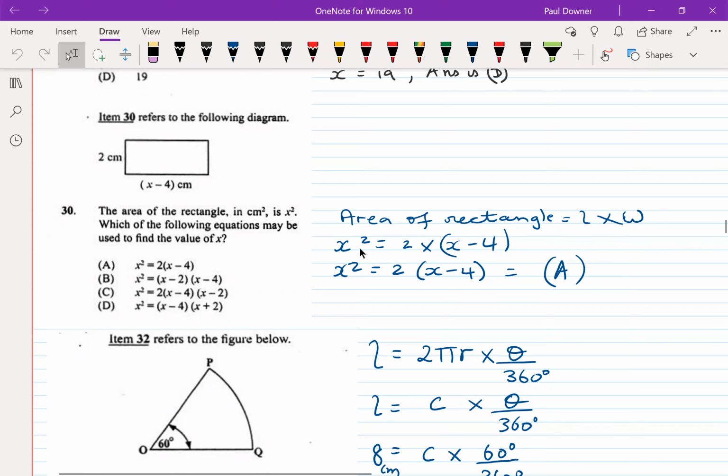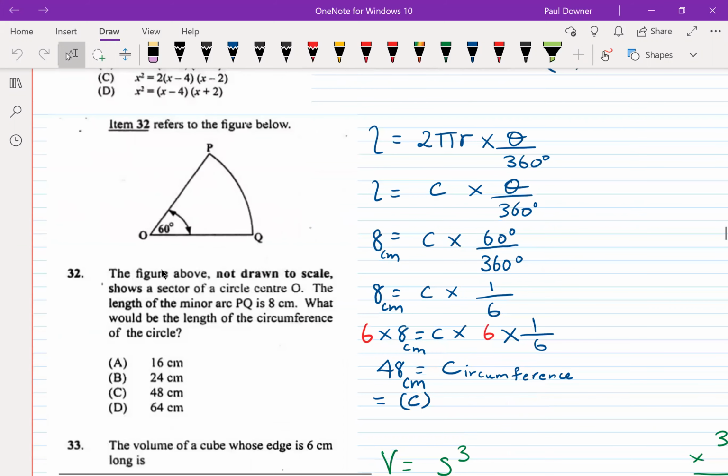And how would we calculate this area? The length by the width, or the width by the length. So 2 times this, x minus 4. 2 times x minus 4. So x squared would be 2 by x minus 4. We could have gone ahead and worked it out further, but at this point we realize that this actually corresponds to A, from which we could go ahead and find the value of x. So the answer in this case was A.